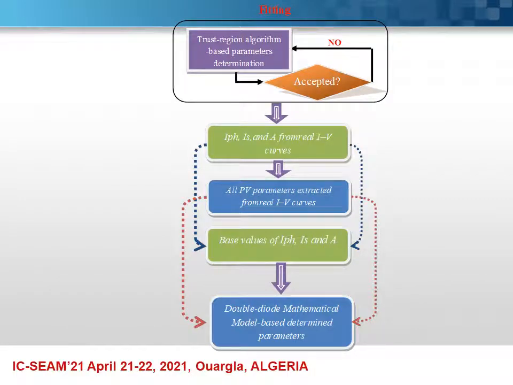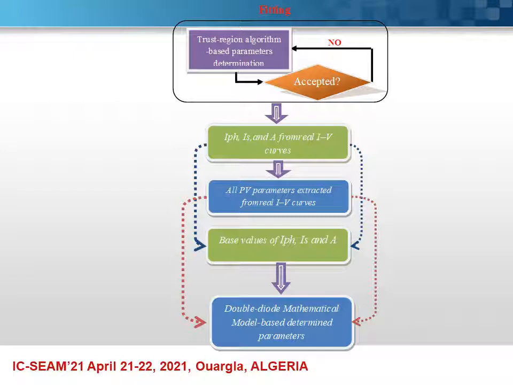We fit the real data to the mathematical model using the trust region algorithm and the mean squared technique algorithm too.